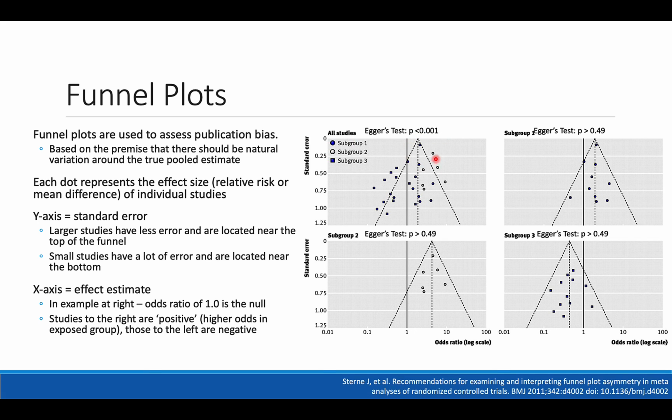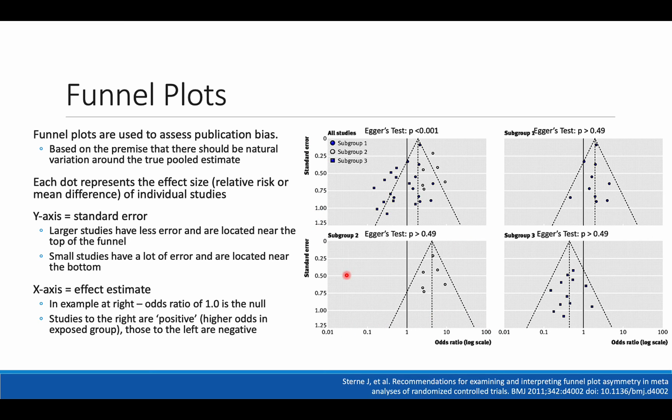Larger studies will tend to be towards the top of the funnel because they have less error, whereas smaller studies tend to have a lot more error and are going to be located lower at the bottom of this funnel. On the x-axis here, we have the odds ratio, like we had mentioned.